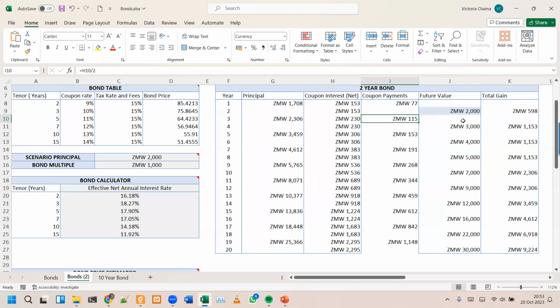You wait another 2-year period, you have your 1,000 gain, and you put it back again in the 5th year. So what Chanosia does with this worksheet is she tries to show you that when you reinvest your earnings, your interest, your coupons, your discount interest, this same 2,000 kwacha over a 20-year period can get to 25,000 kwacha, just doing it once.